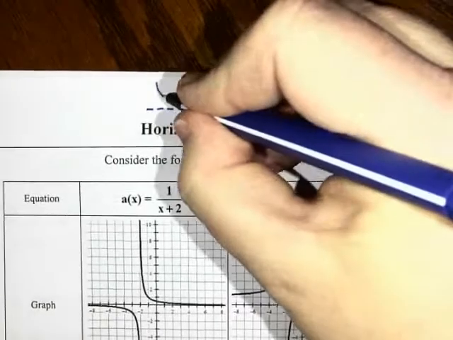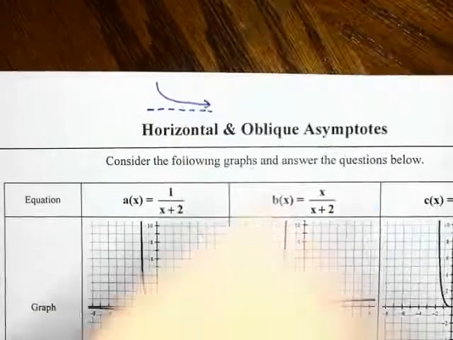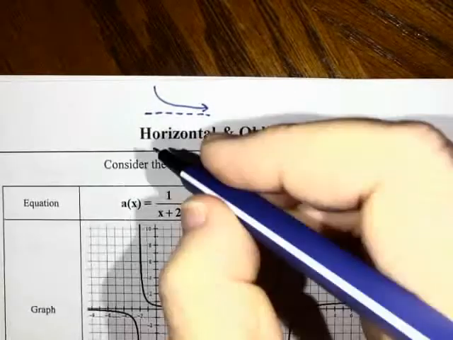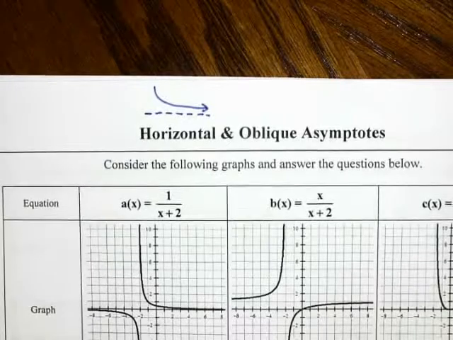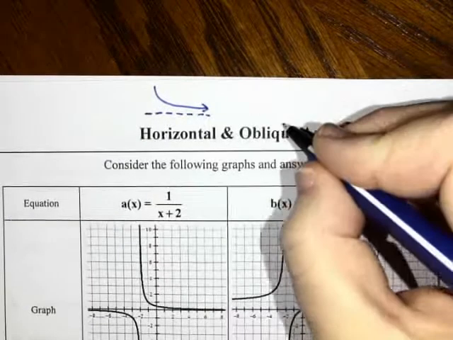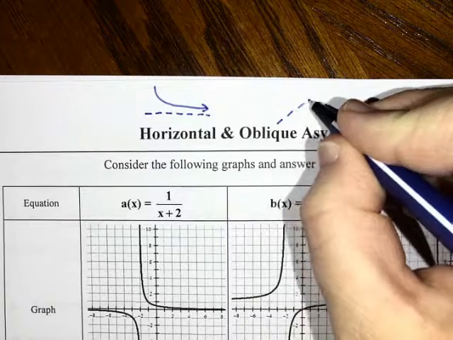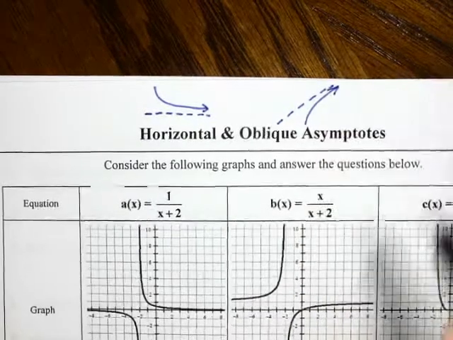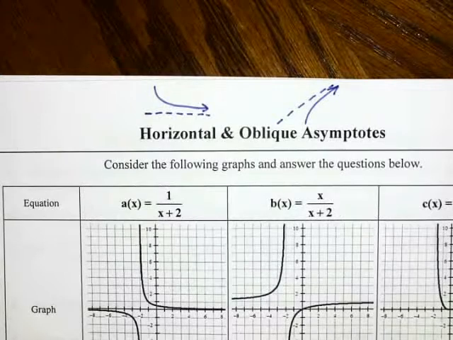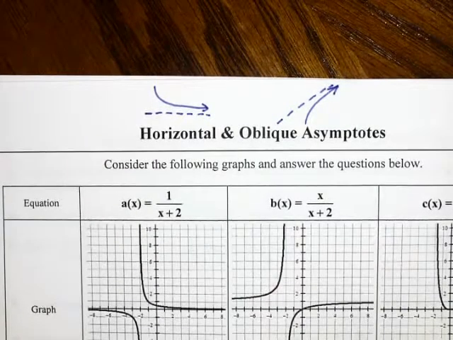Normally you might see it coming down and approaching like that, or coming up from the bottom. An oblique asymptote, however, is a diagonal line that your curve is going to approach. So horizontal is flat, oblique is diagonal, on an angle.